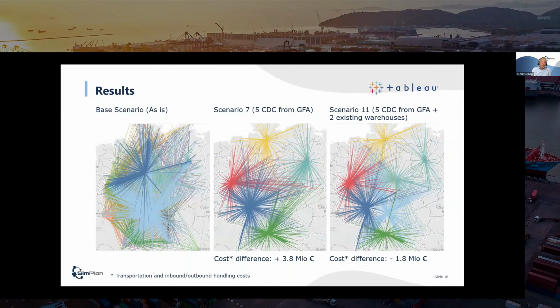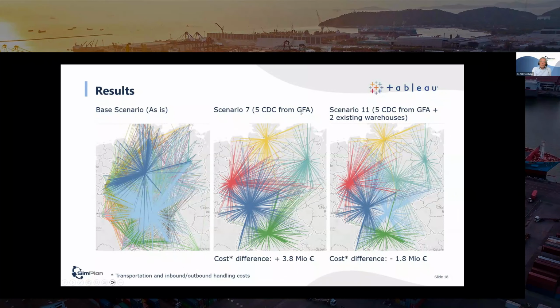So you see that nearly every location is delivering to every customer. For example, locations in the northern part of Germany are delivering to customers in the very south of Germany.